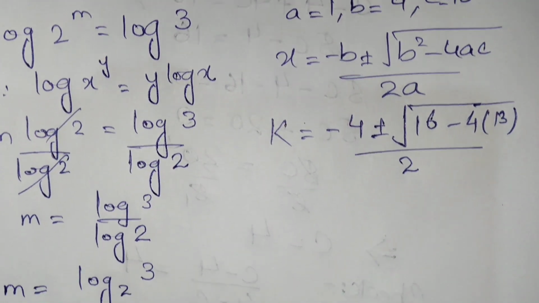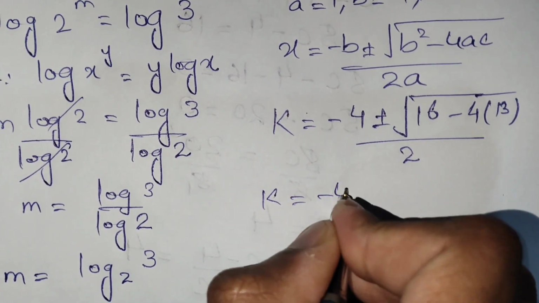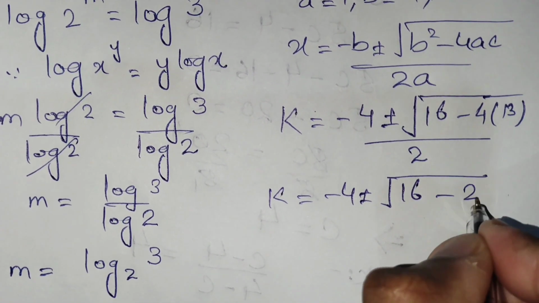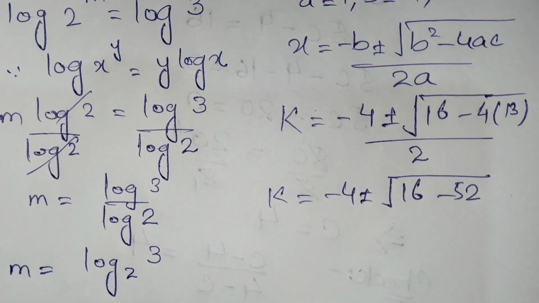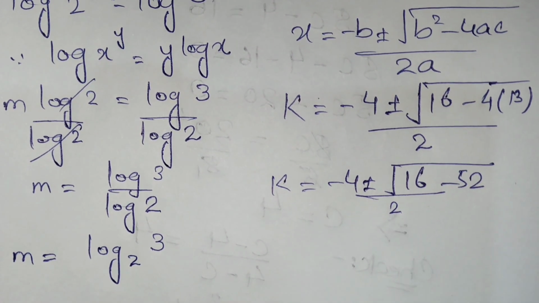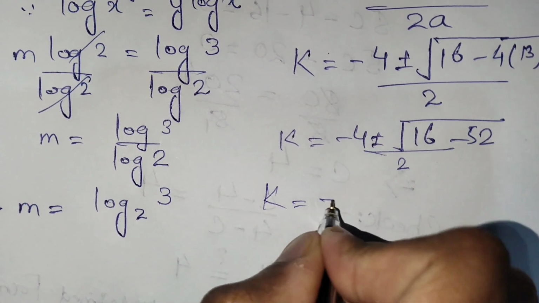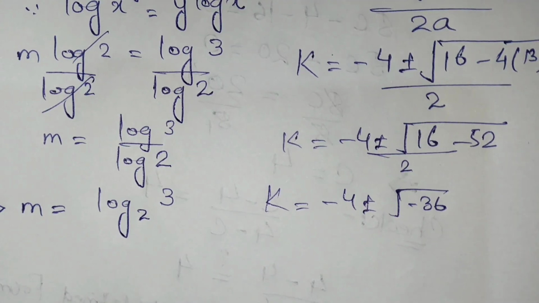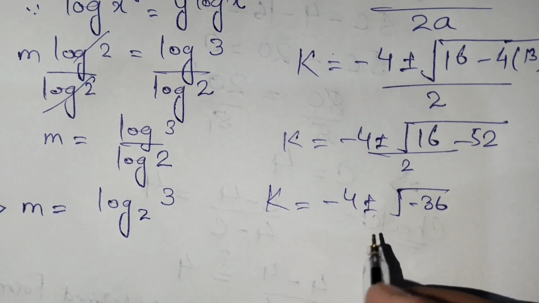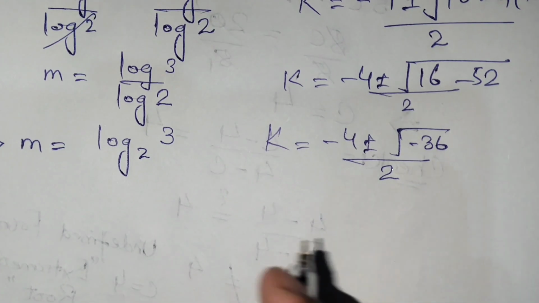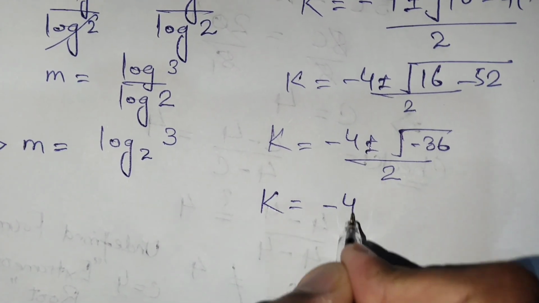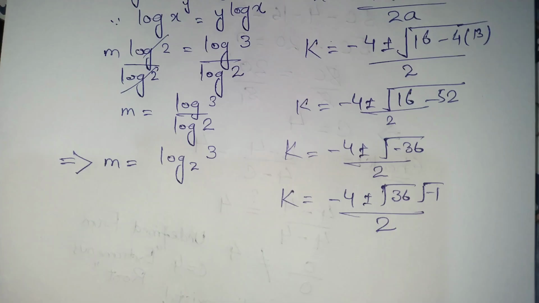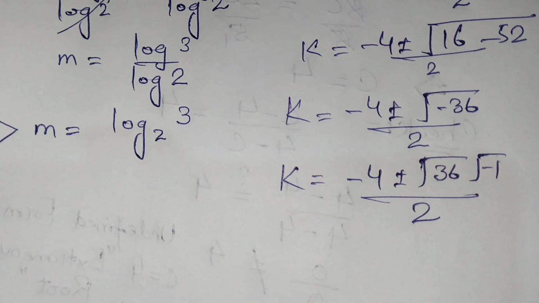a is 1, so k will be equal to minus 4 plus minus square root of 16 minus 52, divided by 2. So k will be equal to minus 4 plus minus square root of minus 36 divided by 2. We can write this as k equal to minus 4 plus minus square root of 36 times square root of minus 1, divided by 2.